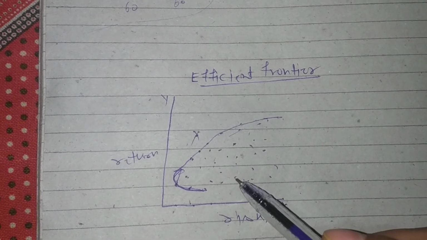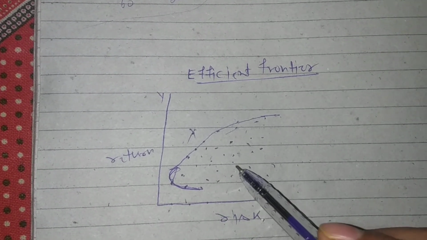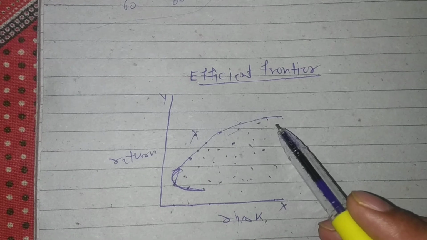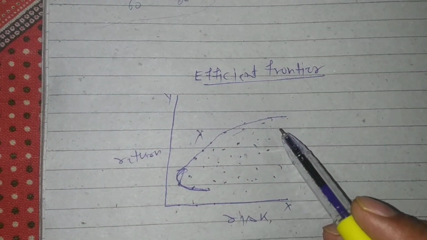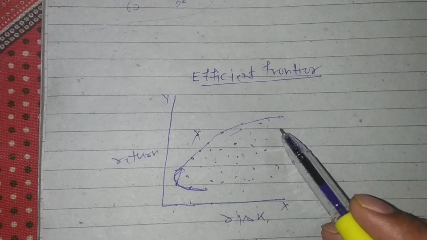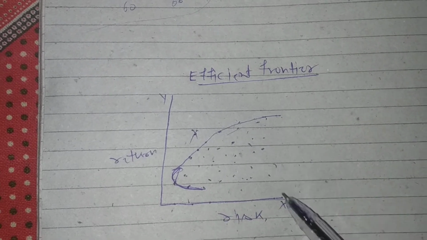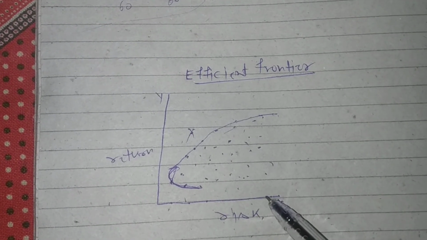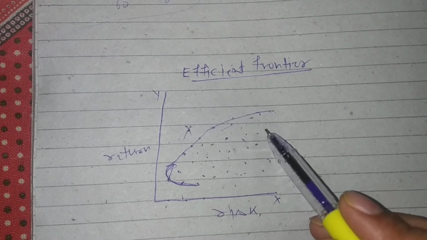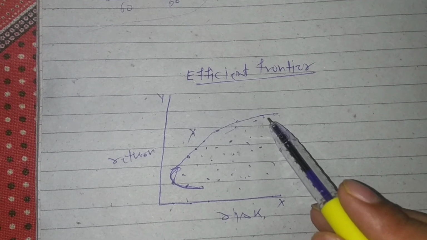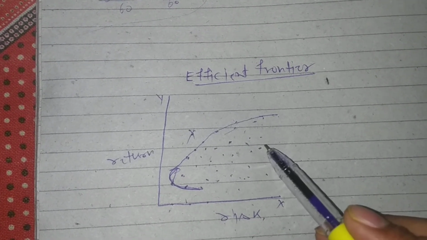Any investor who is risk loving shall choose any security or any asset on the right side of this frontier, because he can take more risk and he will choose any security yielding best return on this level of risk.